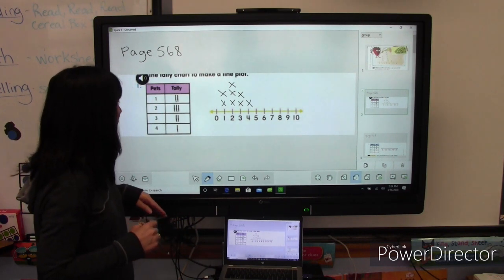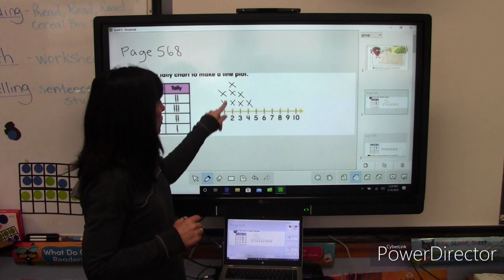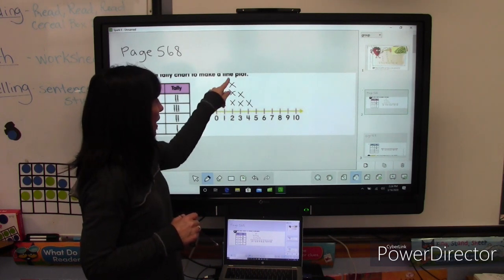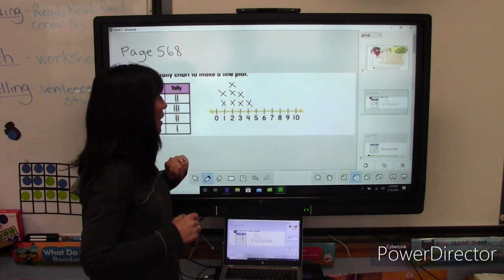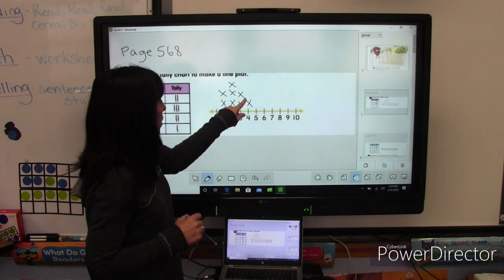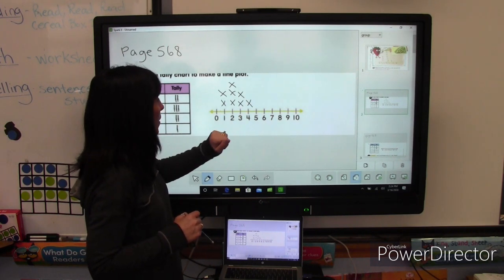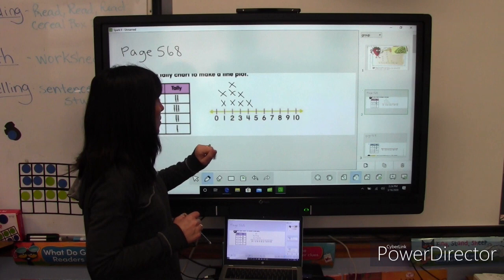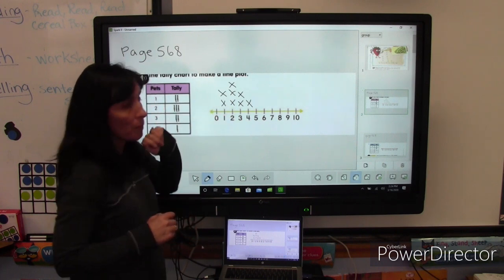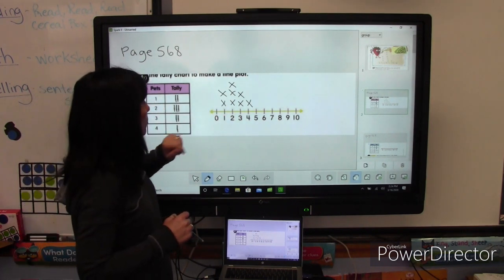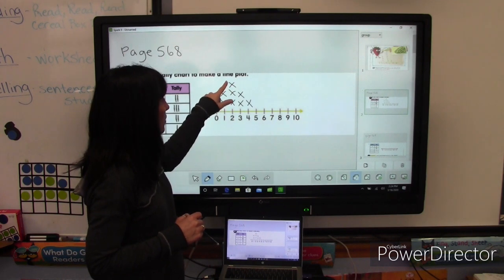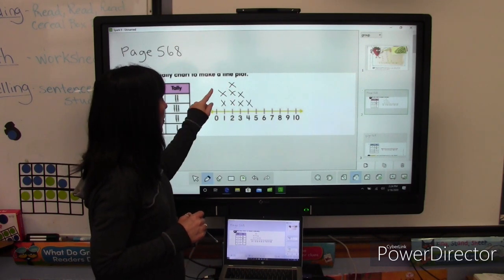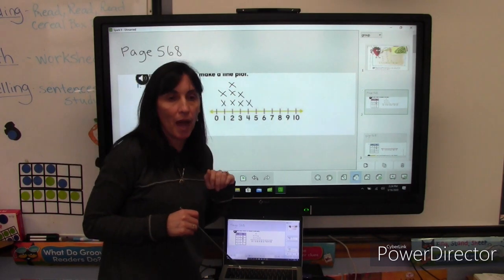I can tell very quickly by looking at this that most of the people that were surveyed had 2 pets. I can tell that 4 pets, only 1 person had 4 pets. So more people had 3 pets, more people had 2 pets, more people had 1 pet. I can also tell that the number of people that had 2 pets was 1 more than the number of people that had 1 pet and 3 pets.